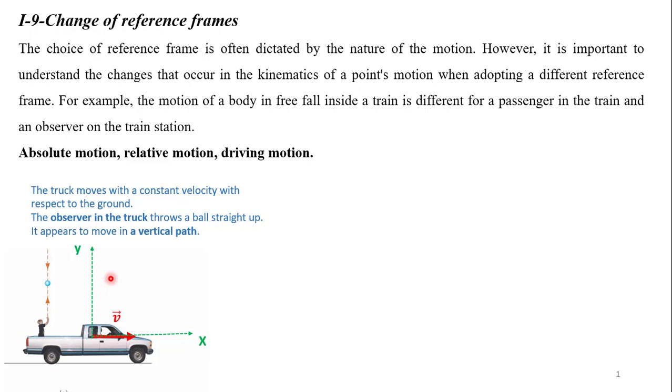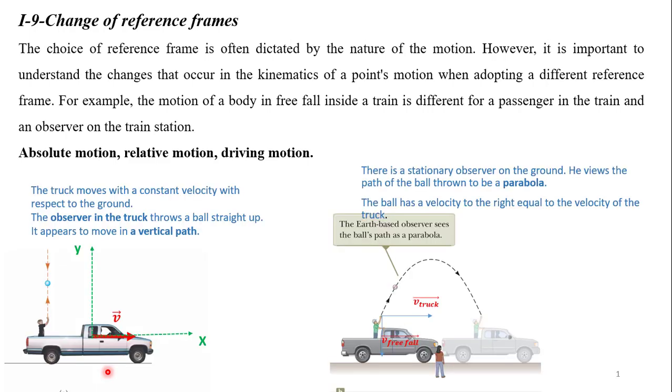What happens if the same object is now being observed by another observer on the ground? Would the observer on the ground see a vertical path or a different path? Now we have another observer on the ground, a stationary observer who is not moving.